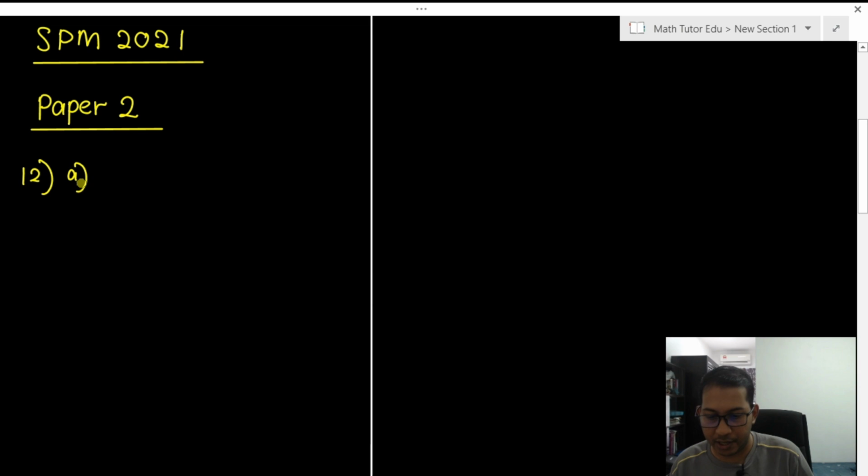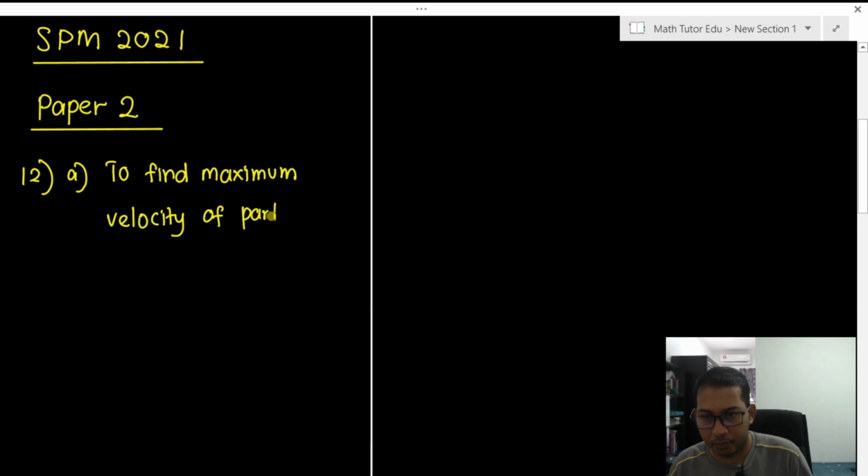Let me write the explanation here. To find maximum velocity of particle A, you differentiate velocity A with respect to time, and then you set it equals to 0.